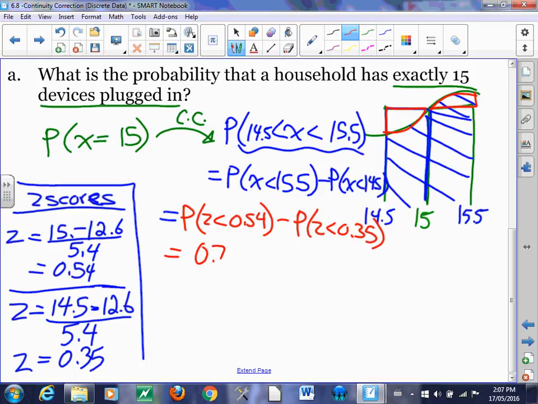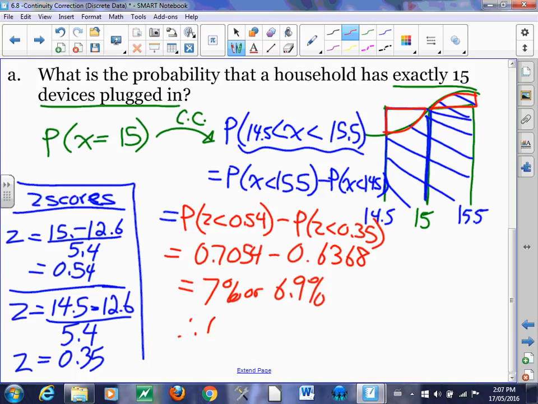So 0.7054, subtract 0.6368. Okay. And that equals either 7% or 6.9%. I'll take either or. So therefore, approximately 7% probability that 15 devices are plugged in.